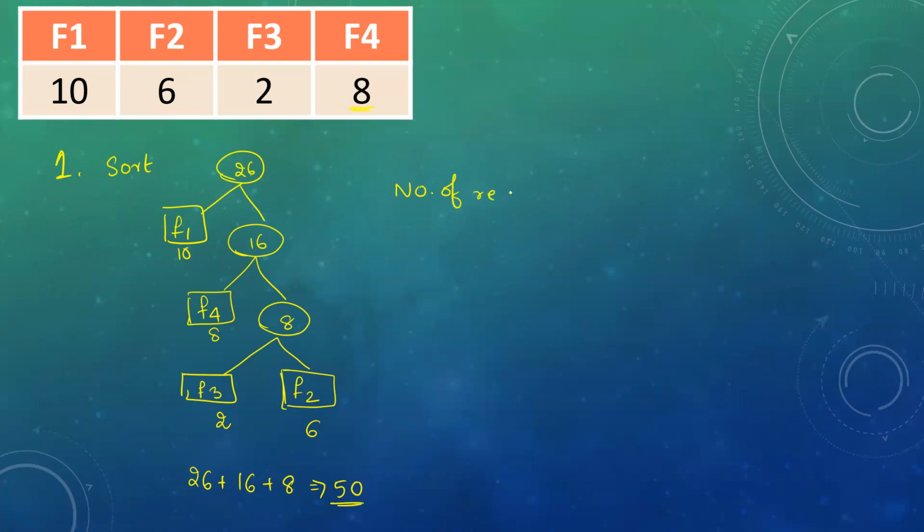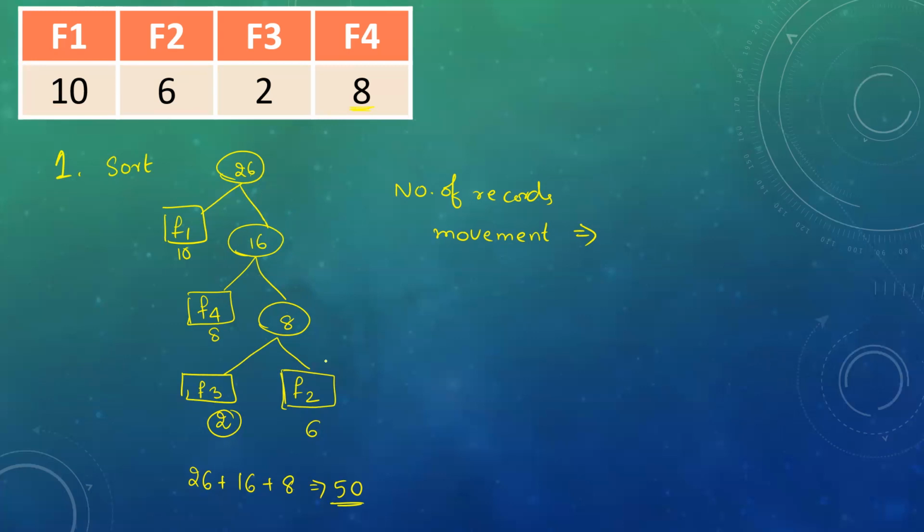Suppose I am taking this F3, which I have stored here, and when I am merging with F4, I am moving these records from this location to this location. When I am moving from one location to another location, there is some cost. Some time is taken while moving the records from one location to another location.